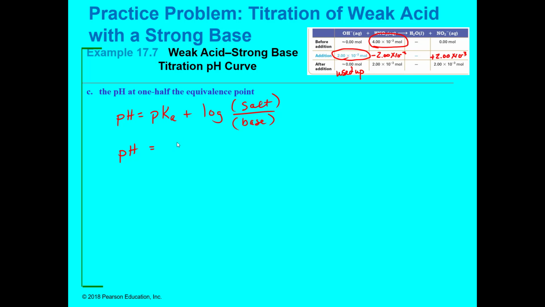All right, and so pH equals 3.34 plus the log of 2 times 10 to the minus 3 divided by 2 times 10 to the minus 3, which is 1. Okay, and the log of 1 is 0. So the pH equals 3.34. So at 1/2 equivalence, the pH is the same as the pKa.